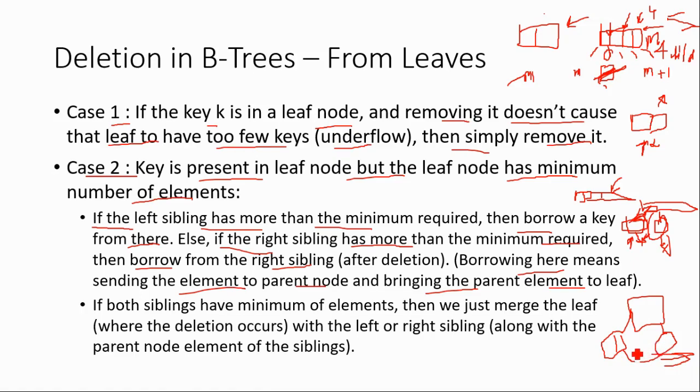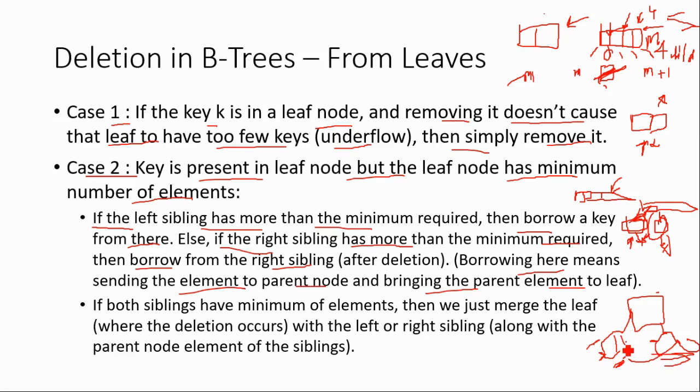Otherwise, the order in which the elements have been stored will be damaged. When we talk about order, we have to keep in mind first the left, then root, then right, because we perform an in-order traversal. So if we just transfer a node from this node to this node, then the order of the elements will be damaged, and that we cannot allow.